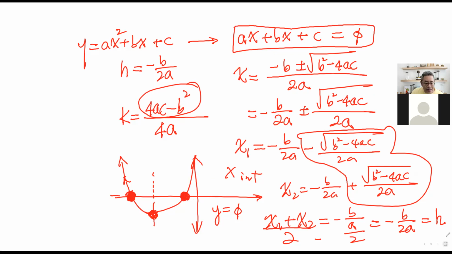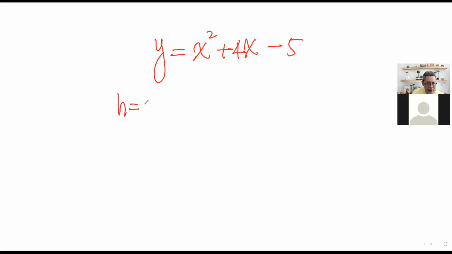Okay, now I'm going to show you one example. y equals x squared plus 4x minus 5. We know our vertex point is minus b over 2a.